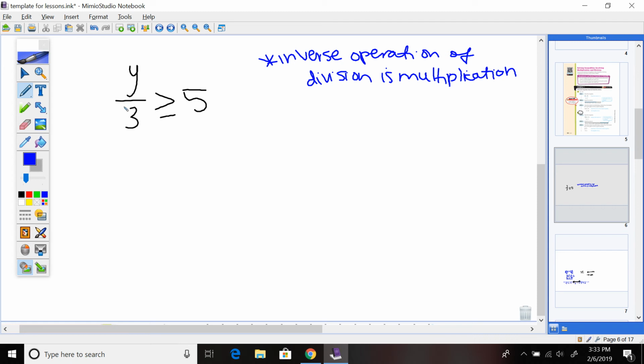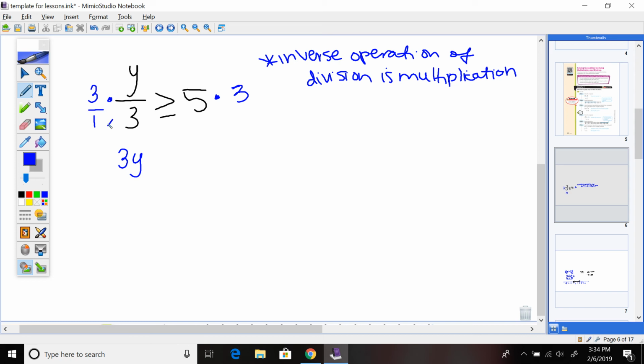Now you're like, by what number am I going to multiply both sides? Your goal is to isolate the variable y. So in order to get rid of that, we got to get rid of 3. How do we do that? By multiplying both sides by 3. On the left side, it is the same thing as if you were multiplying by 3 over 1. So what is 3 times y? 3y.